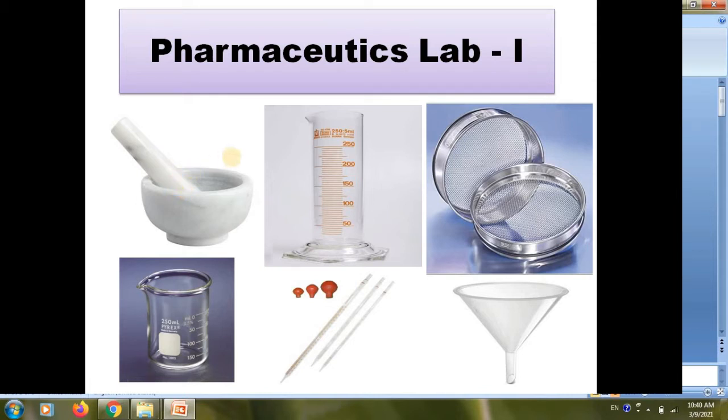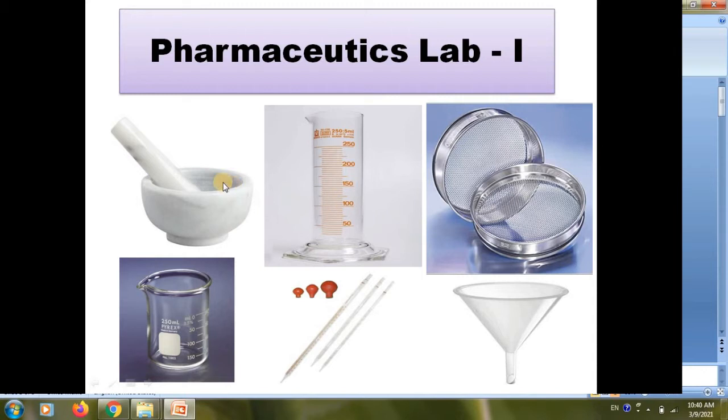After this is a measuring cylinder. If you see any marketed preparation, it will be in a particular volume, for example 50 ml syrup, so we have to maintain 50 ml of that syrup in that container. In the market there are 100 ml preparations, 200 ml preparations, so we have to maintain such volume by using this measuring cylinder.